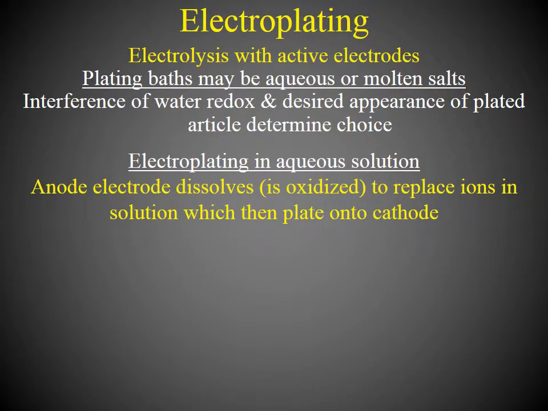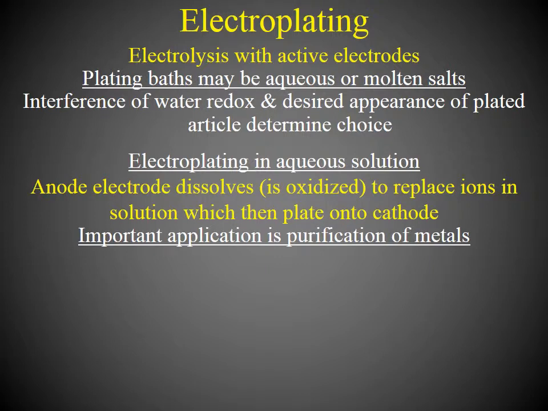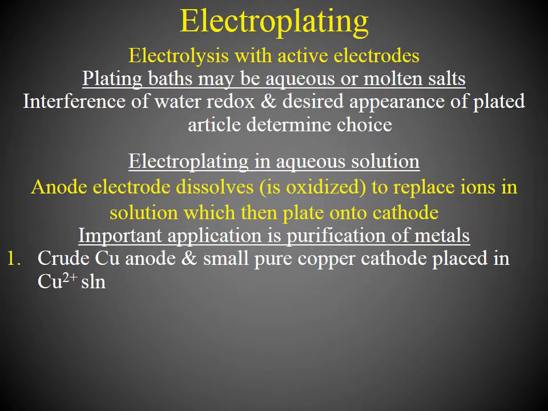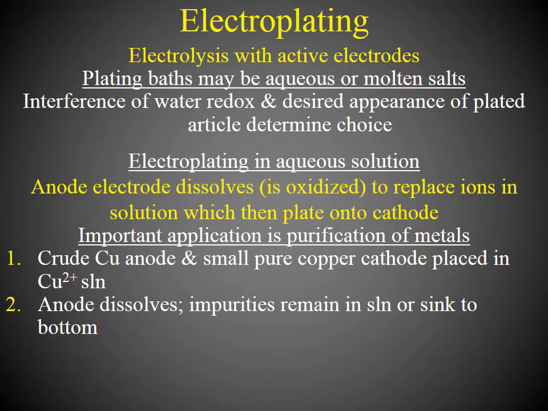Now, when we electroplate in aqueous solutions, what happens is simply this. The anode electrode dissolves, meaning it's oxidized, and replaces an ion in solution, which then plates onto the cathode. So this is actually a very important application for purifying metals, because I could start with a crude, impure copper anode and a very small pure copper cathode, and I place everything in a copper 2 solution.